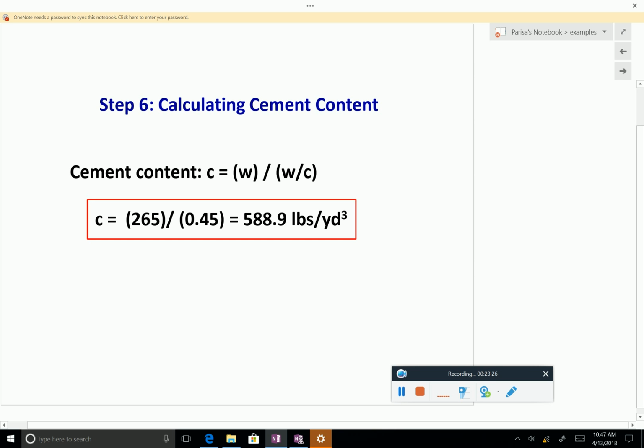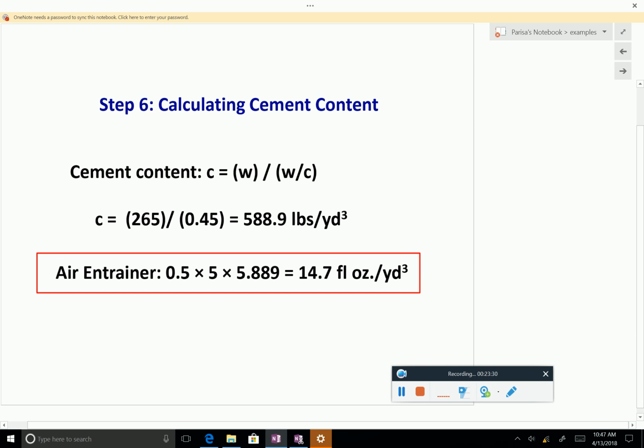So this is the amount of cement. And the air entrainer here was based on the amount of cement. If you see in the problem, it says 0.5 per 1% per 100 pound of cement.